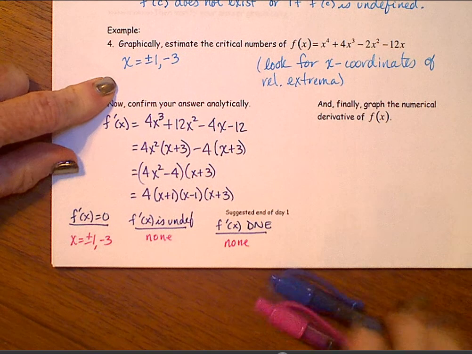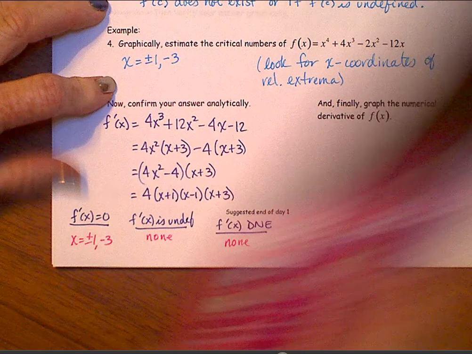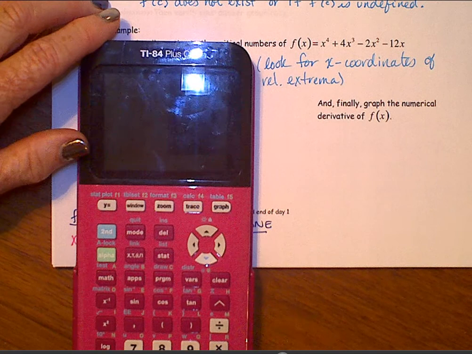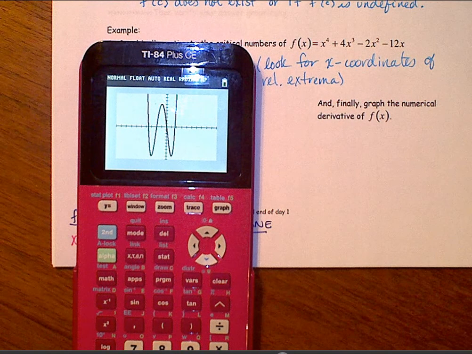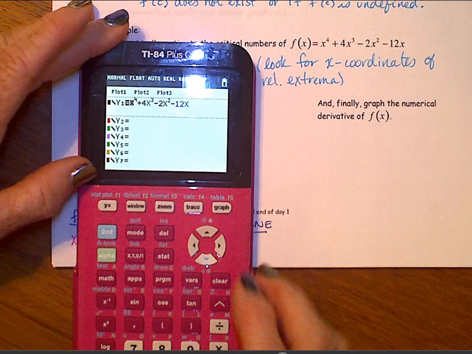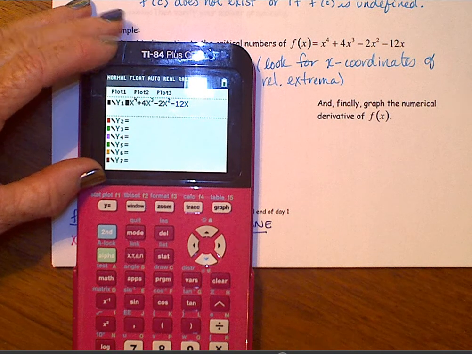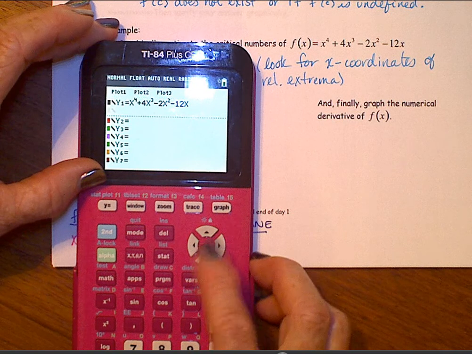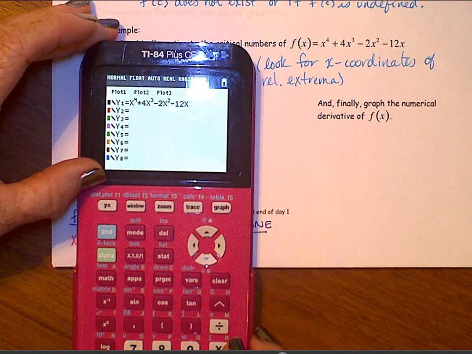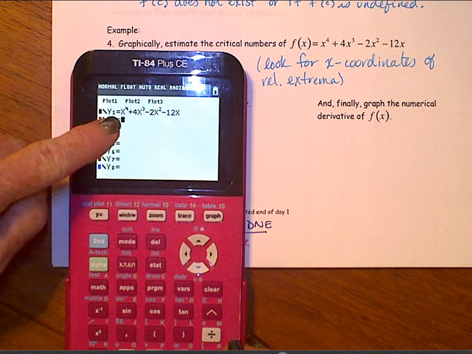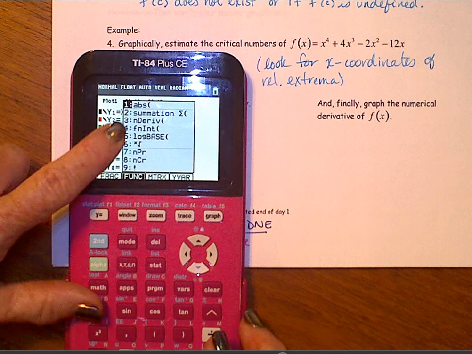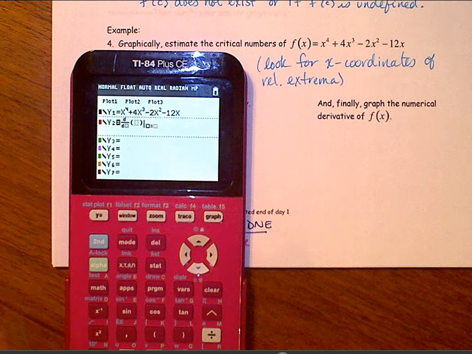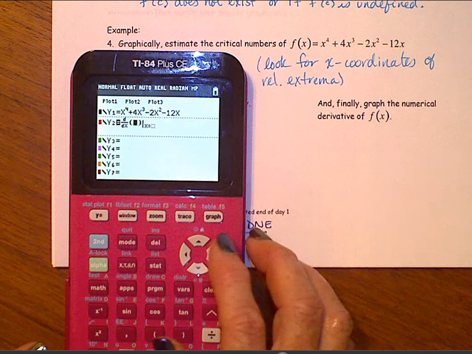Okay? Then this last bit, I want you to graph the numerical derivative of that function. So now let's go here. I'm going to leave this one here, but I'm going to turn it off. Then I want to graph the derivative of y1. That's alpha f2 and derive 3, d dx of y1.